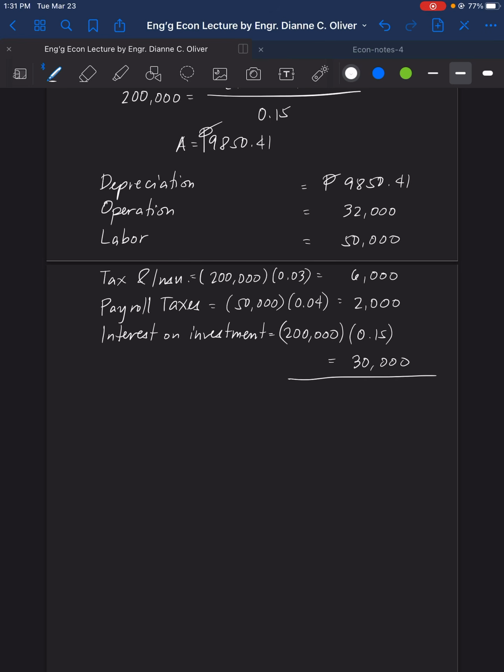Take the sum of these: 9,850.41, 32,000, 50,000, 6,000, 2,000, then we have the 30,000. So we have here total annual cost equal to 129,850.41 pesos. That is for type A.